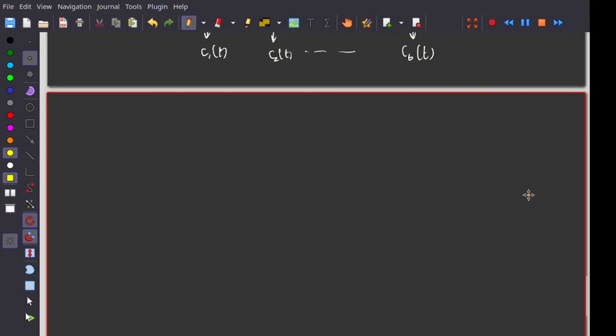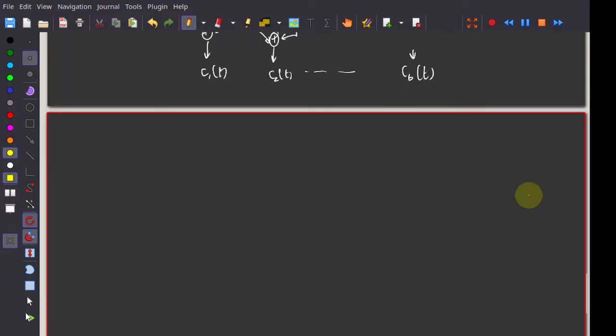So again, there are different ways of implementing these. For example, let's take a rate 2/3 convolutional code. In this code, you have M1 and M2, and you have C1, C2, and C3.